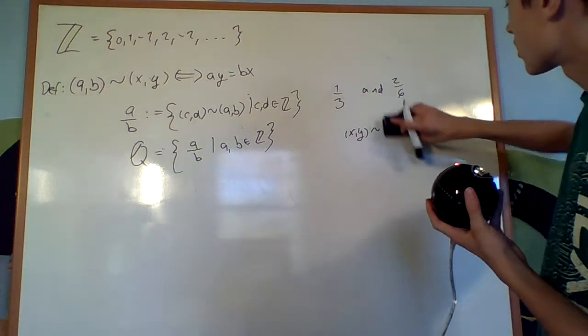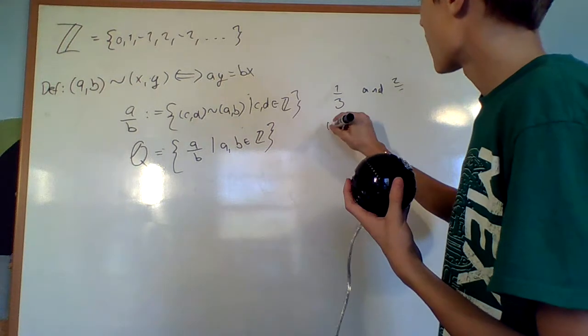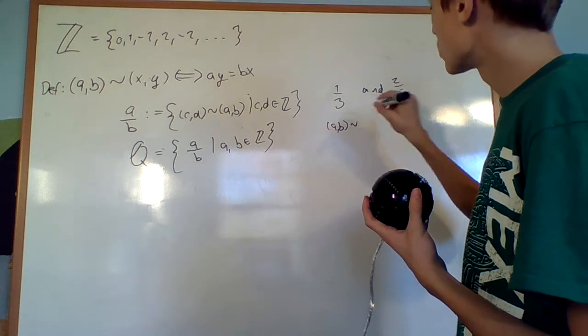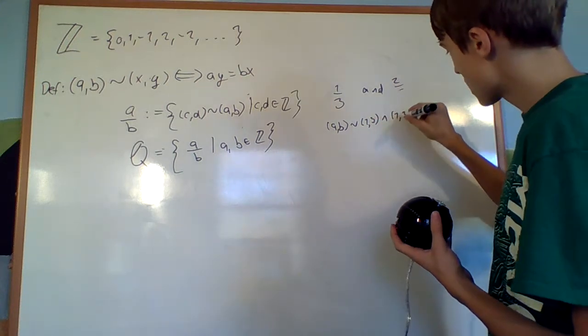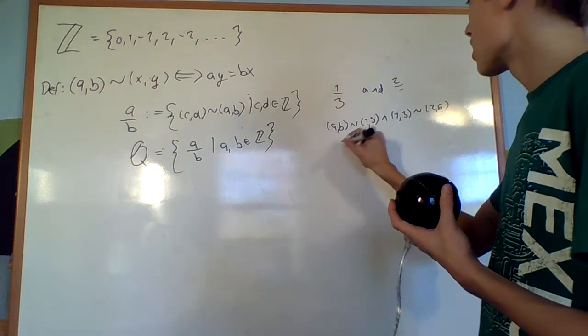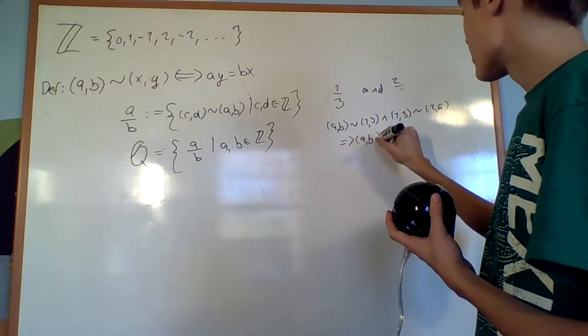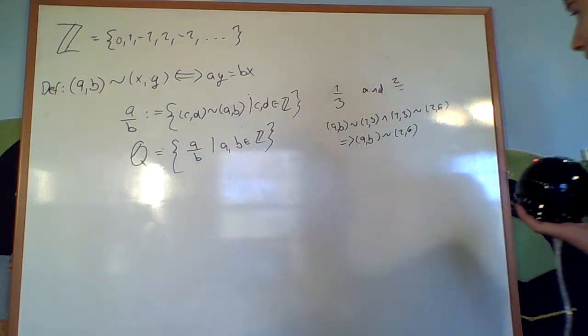If (A, B) is congruent to (1, 3), and (1, 3) is congruent to (2, 6), then (A, B) is congruent to (2, 6) by transitivity.